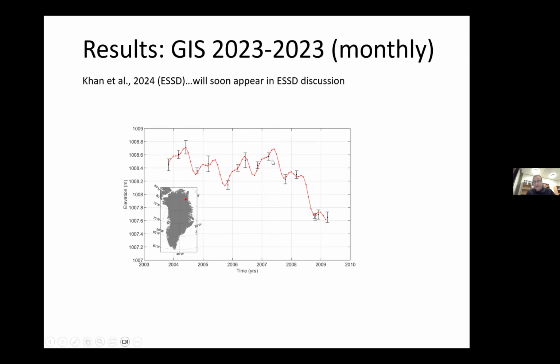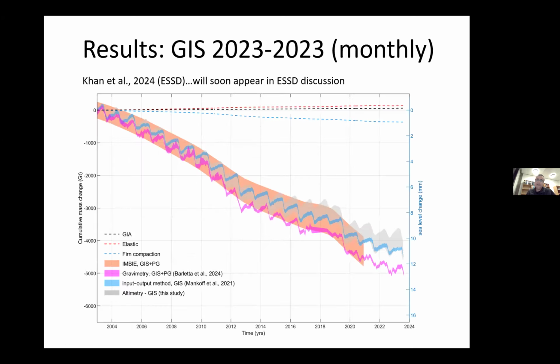And then we use for each month and from each mission an estimate of the elevation change. Now, soon you will be able to look at the details about the method in the paper. So the idea is to merge all this data into one big pile and then interpolate over the entire Greenland ice sheet.